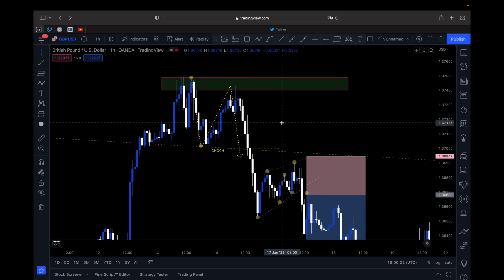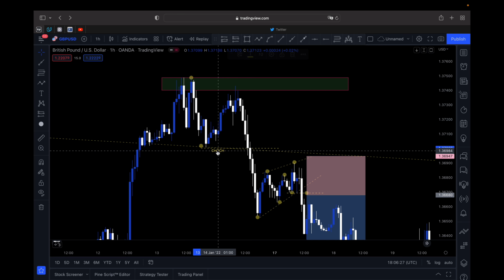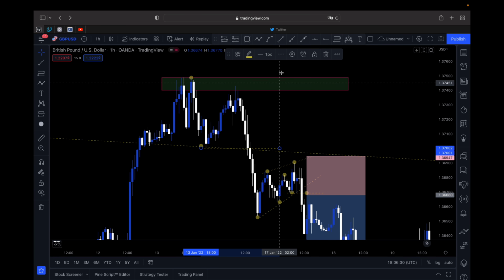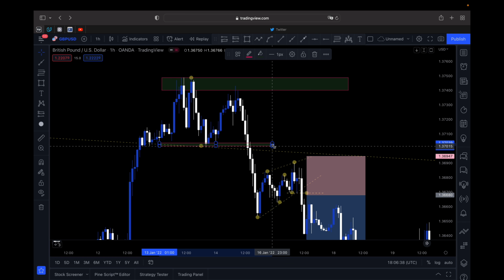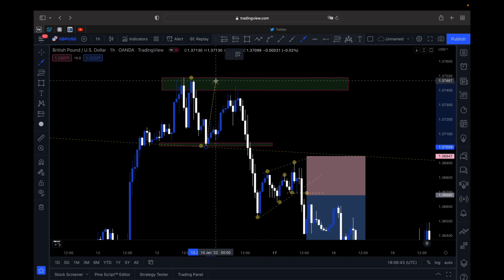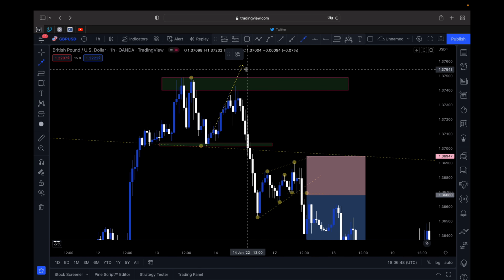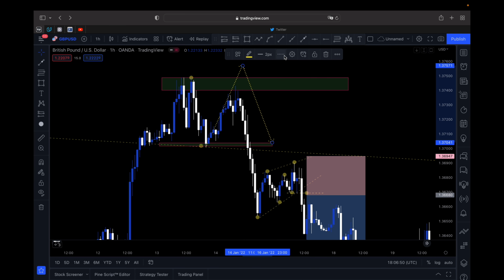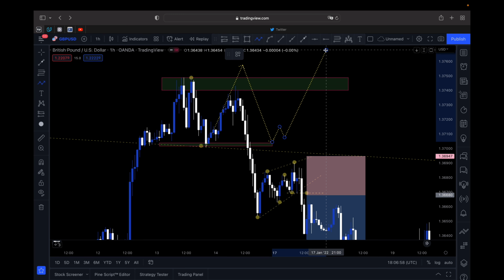If this was a breakout, we would have seen a movement like this here. After price created the support here, we would have seen a breakout of this previous high, an impulsive movement. Then on the lower time frame we would be looking for something choppy here, back here, and then the new highs.